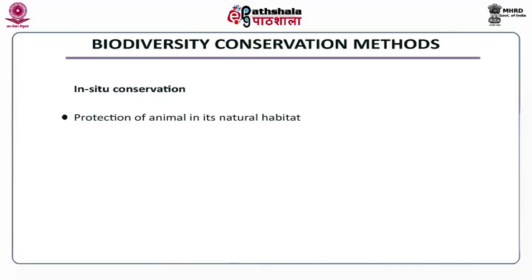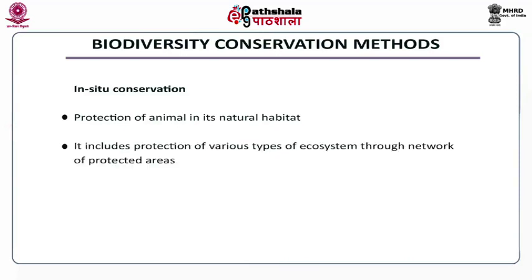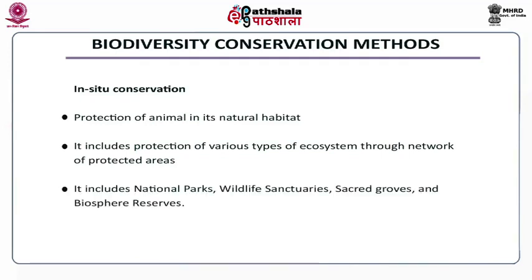This is the protection of animals or even plants in their natural habitat, and it includes protection of various types of ecosystem through a network of protected areas. It includes national parks, wildlife sanctuaries, sacred groves and biosphere reserves. So, we will be discussing these all one by one.